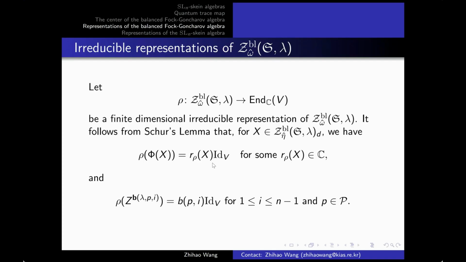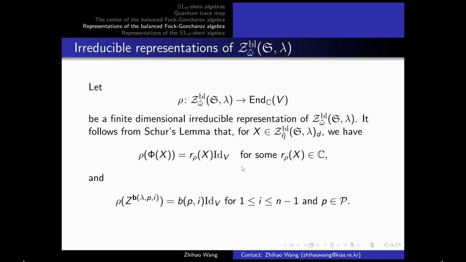This is the Schur's lemma. Also, this guy is also a central element, and rho maps this central element also to a scalar multiplication, which means we have b_p^i times this. It is scalar multiplication. Then we look at the relation between this R rho and this complex number b_p^i.